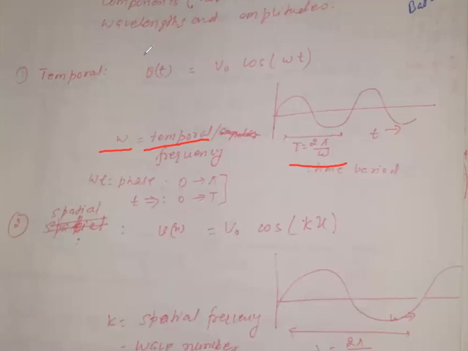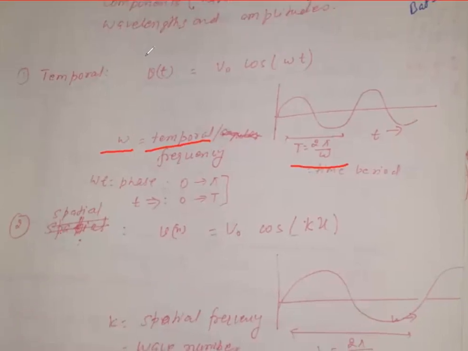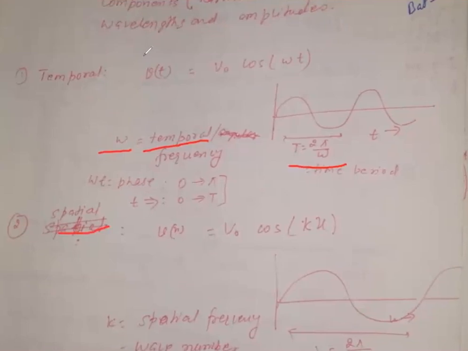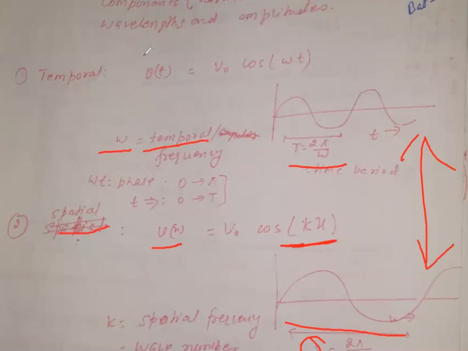Similarly, a spatial disturbance is written as V(x), and it is written as kx. k is the wave number and it is related to the wavelength. So both are the same. Only thing is, in a partial differential equation where we are considering 1 plus 1 dimension, one is x, another is t.